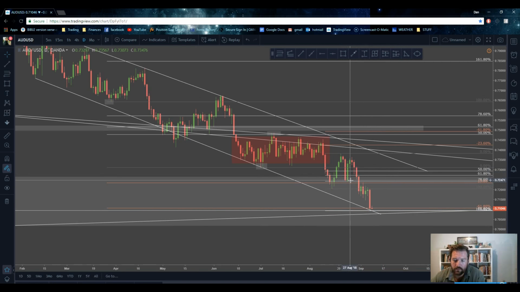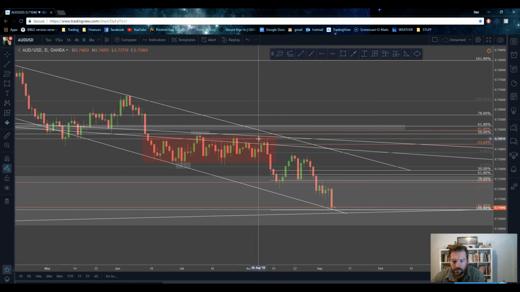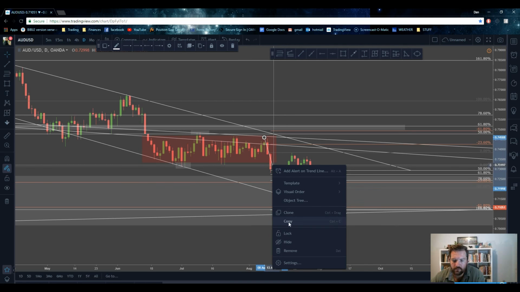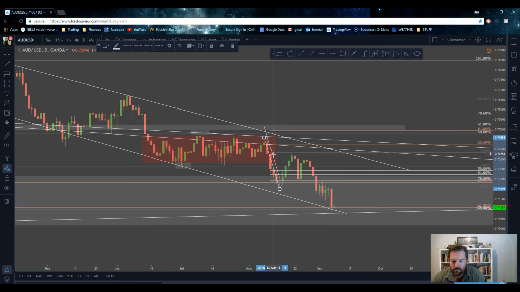Okay, the way I define an ABCD pattern is, you have your A to B, B to C, C to D. Some people use a measured move, but again, that's very subjective because it's determined on, let me see how to clone this. It's determined on where your, if you're doing it from wicks, if you're doing it from bodies.